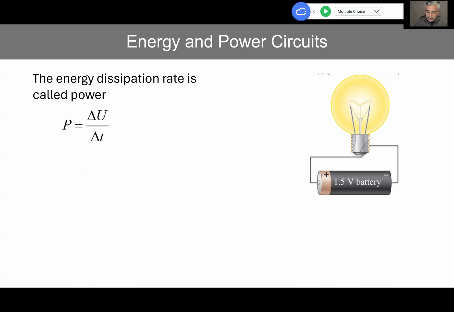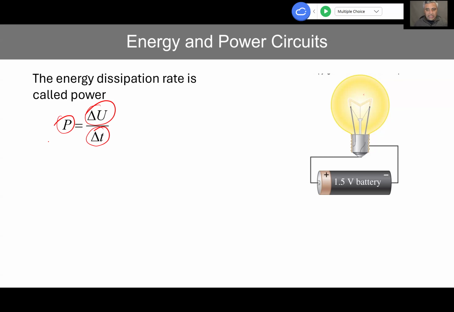For example, this coil acts like a heater coil, and then it glows, meaning there is light as well. So that means it's losing energy at a certain rate. Change in energy per unit time is called power, okay?